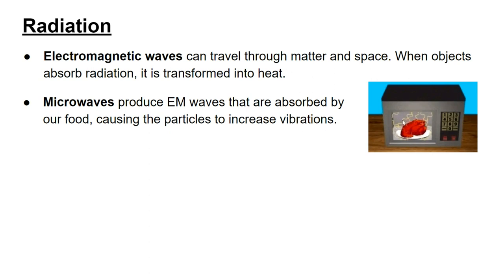So what happens when you put your food in the microwave is that electromagnetic radiation comes out and increases the kinetic energy of the particles of your food. As a result, the motion goes up, the temperature goes up, in the air and also in the food, and the food gets heated.